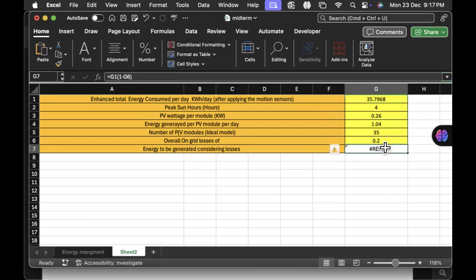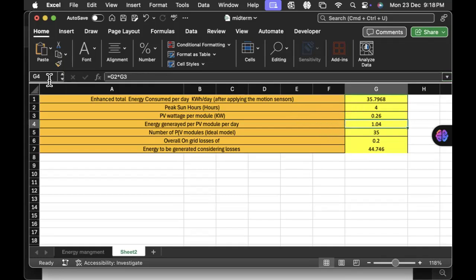I'm sorry, I think I made a mistake here. So this number over 1 minus 0.2. So I need to generate 44.75, something like that. It's again much greater than this number because I'm now considering losses of 20%. Okay, so this is what I need to generate across the system.